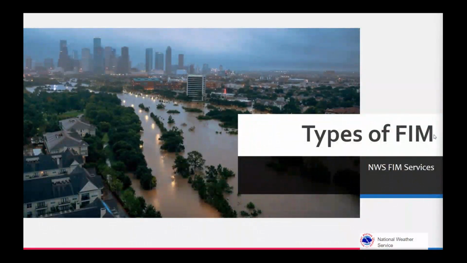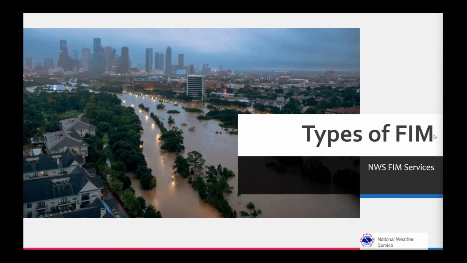And I do want to point out that although the National Weather Service is developing FIM, interagency work continues with our partners as we work with them on regional and national levels on integrating their FIM with our FIM and so on. So don't think that any of those projects have stopped or that our partners are not developing FIM still. They are. This is just in addition to what our partners have been doing in the past.